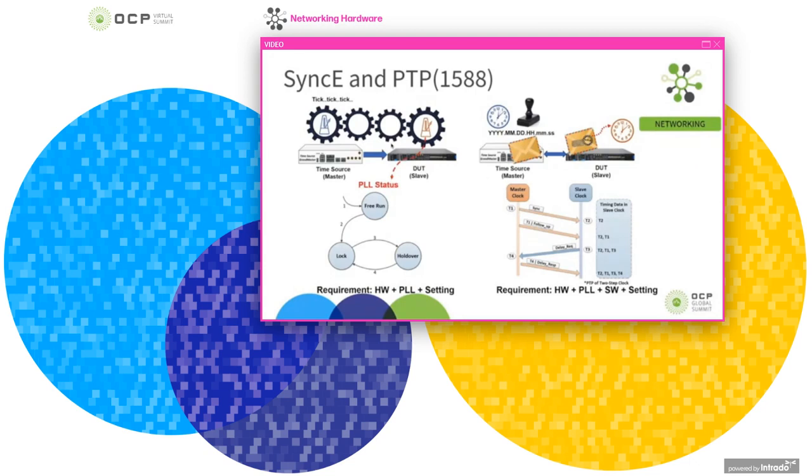It will stamp its central time into the packet and send the packet to our DUT, and then the DUT will catch that timestamp and read out the TOD value, the time of day value, to correct the central time in the DUT. The following figure, with transmissions T1, T2, T3, and T4, is for calculating the path delay in order to compensate and get the real time for T1.